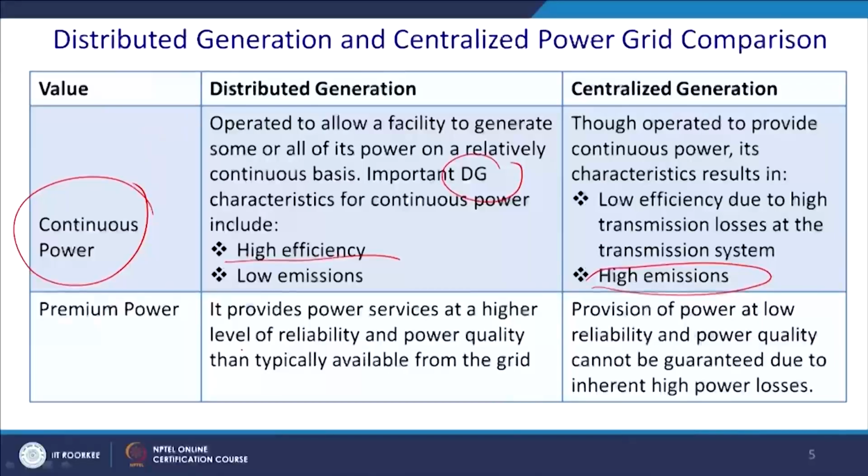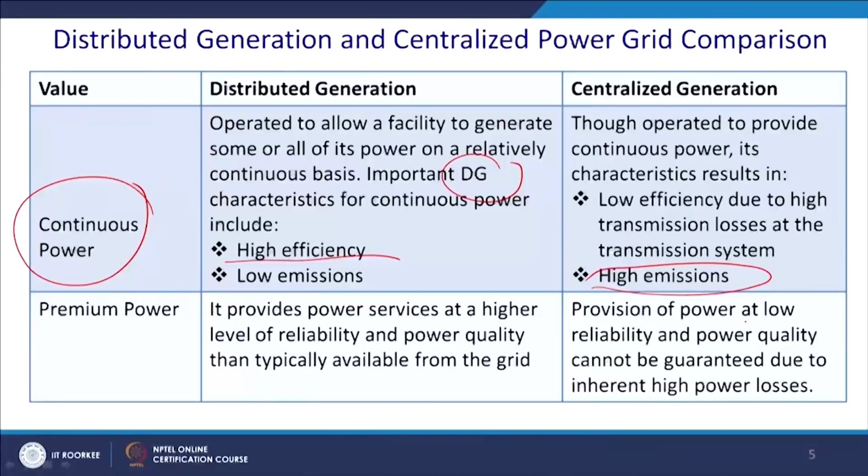Premium power provides power service at a higher level of reliability and power quality than is typically available from the grid, which the power electronics are required to ensure. Because you will choose a solar inverter that generates power with THD less than 3%, whereas you may accept THD in the grid of maybe 5% because of industrial pollution.